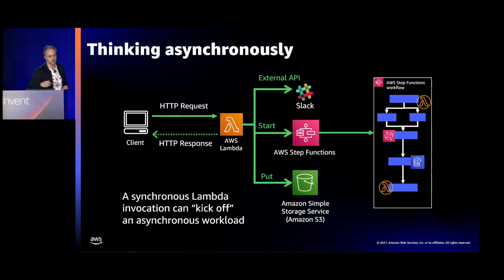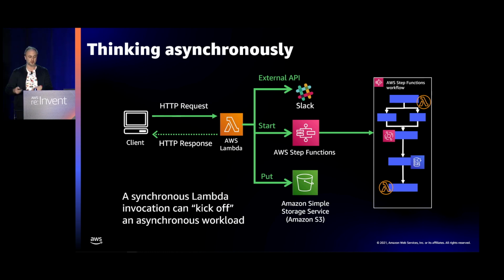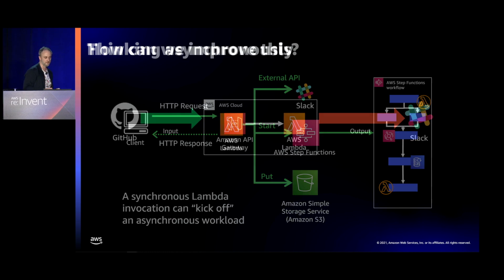And it won't wait for the Step Functions workflow to finish. It will just send back an acknowledgement that it needs to schedule my Step Functions. Another example is this Slack webhook. When I post to Slack, Slack actually sends back an acknowledgement that it's going to post to my channel. So part of my example here is asynchronous, part of it's synchronous.